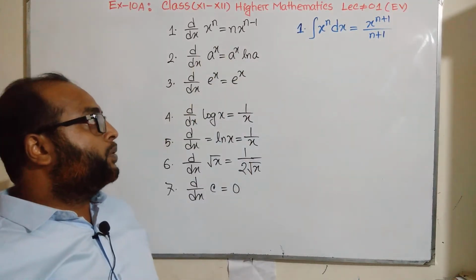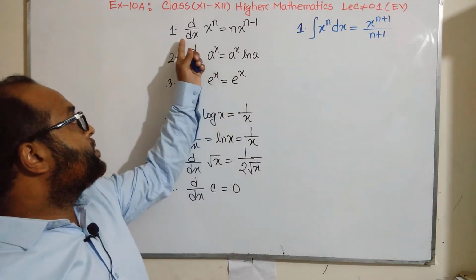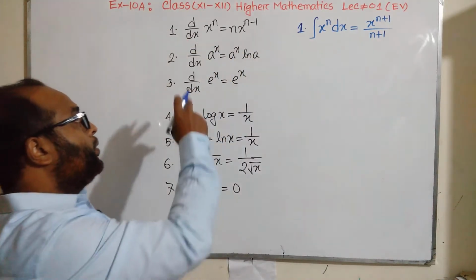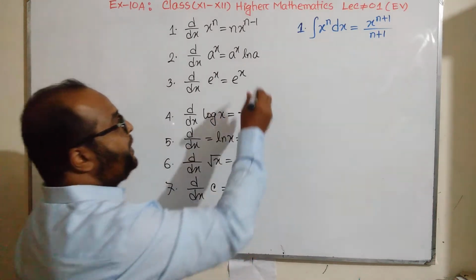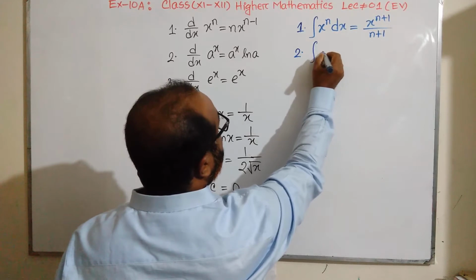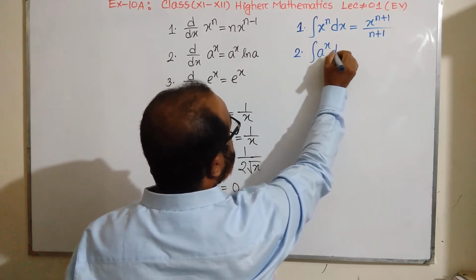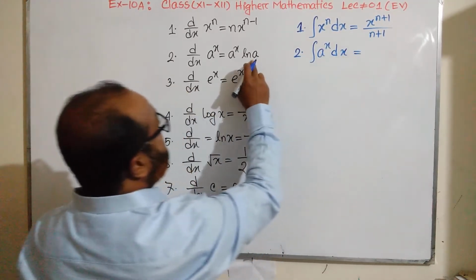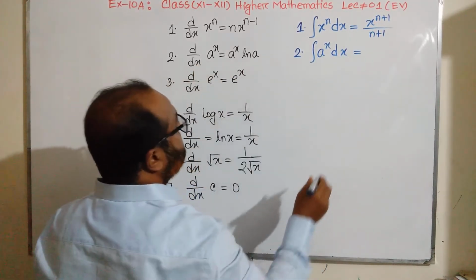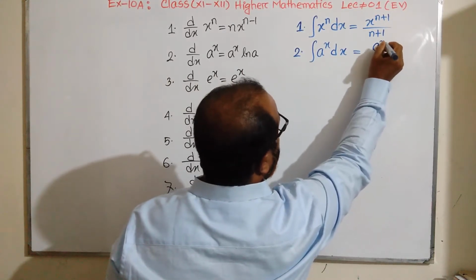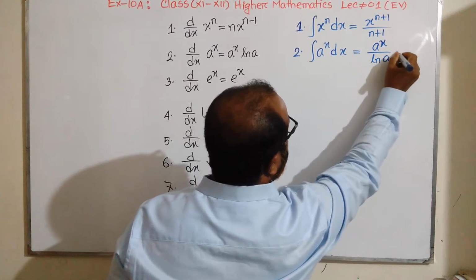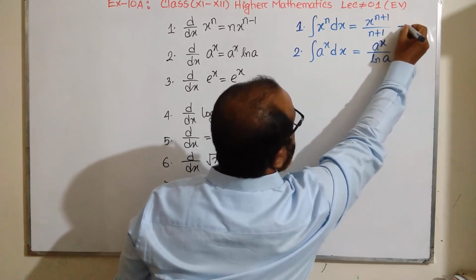The formula number 1 is different from formula 1 of differentiation, but all other formulas will be the reverse process. That means number 2, integration of a^x dx, ln a will go to the denominator, that means a^x divided by ln a plus c.